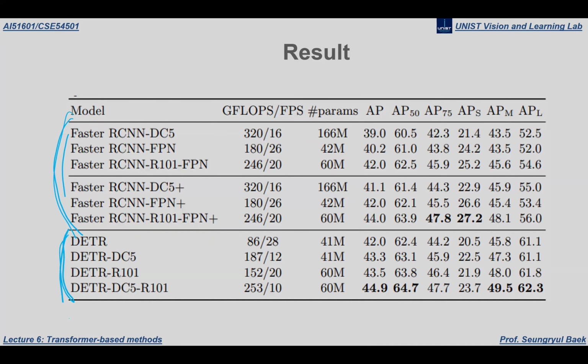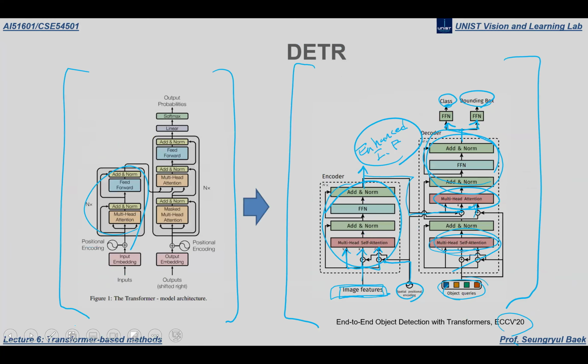But DETR recorded the new state of the art, so after this we are using DETR for object detection. Also, after DETR, as I mentioned previously, there is some ambiguity in these object queries, so there have been several improvements. There are several papers for improving the meaning of these object queries in DETR.